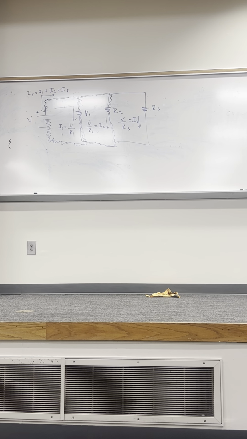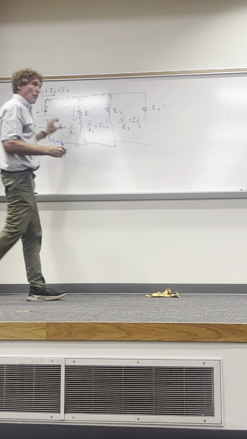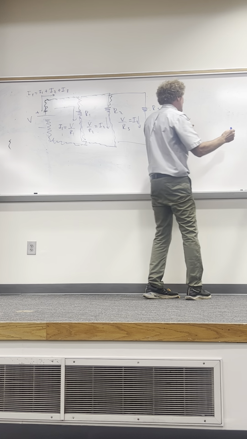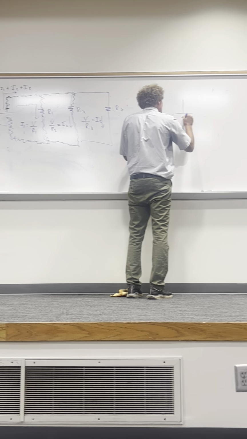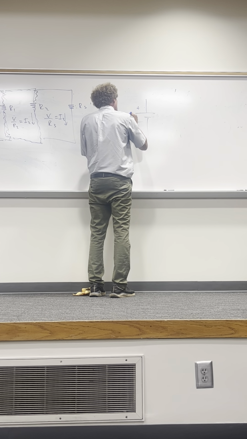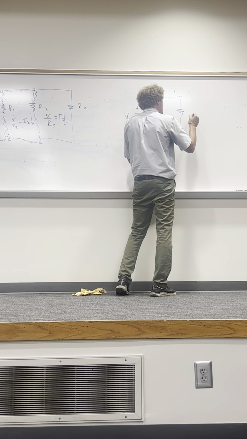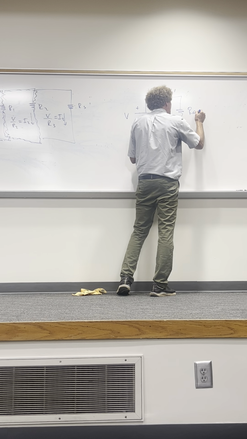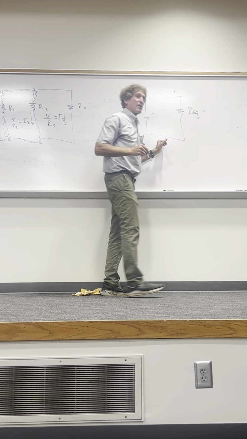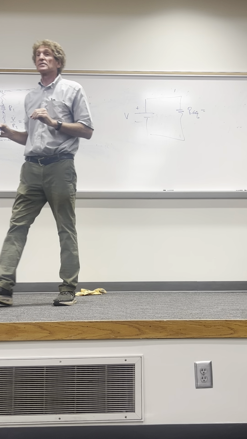I can say, well, I have this voltage source, right? And I want to get an equivalent resistance for all these parallel resistors. Can you all see that, class?